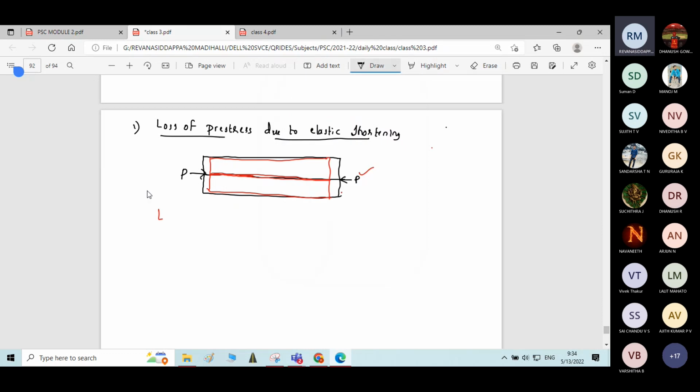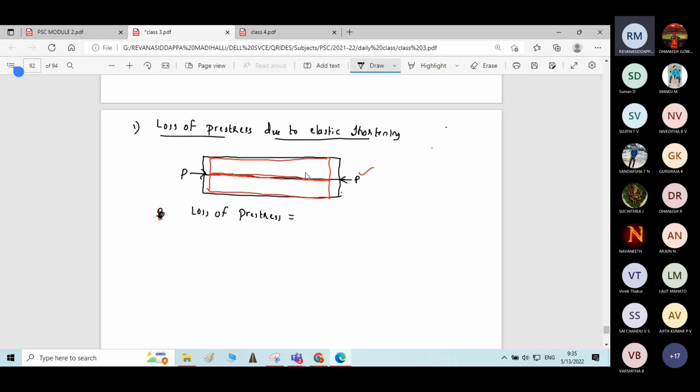You need to remember all these formulae required for solving the problems. Loss of pre-stress due to elastic shortening is calculated as follows. Here you can see this loss mainly depends on material property.